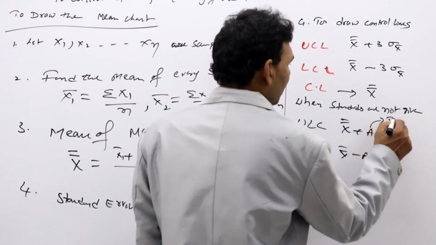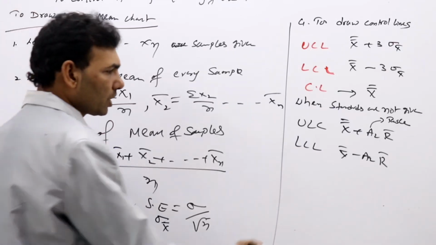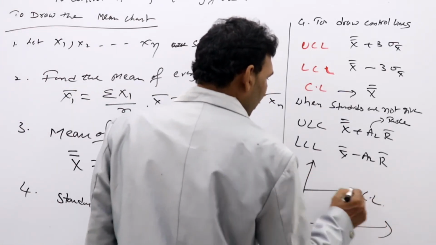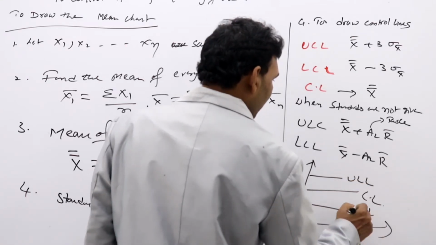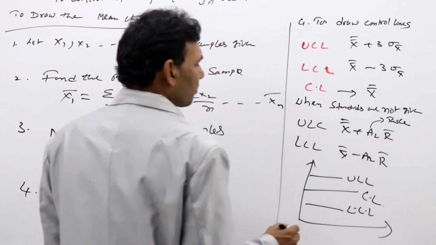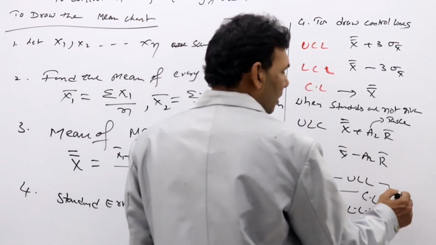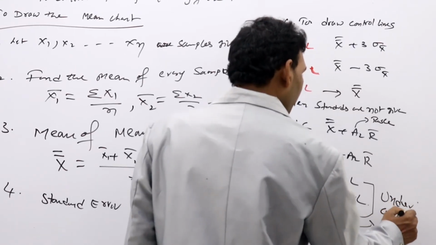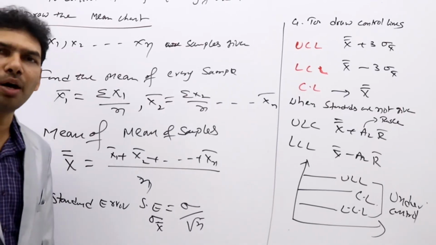Here A2 is a value from the table. Using this, you draw the X chart like this: CL, UCL, LCL. If the graph stays between UCL and LCL, it is under control, otherwise out of control. These are the steps involved in drawing the mean chart.